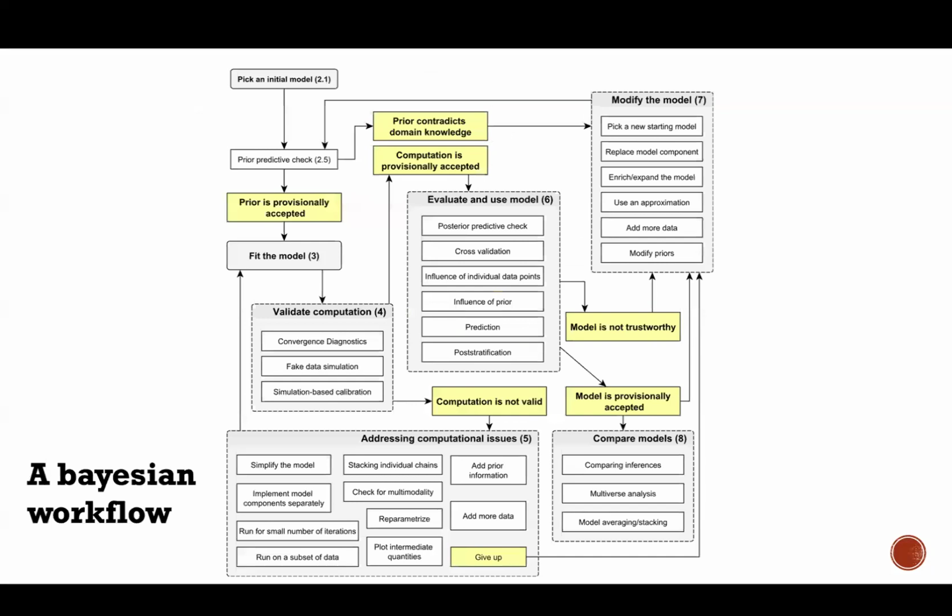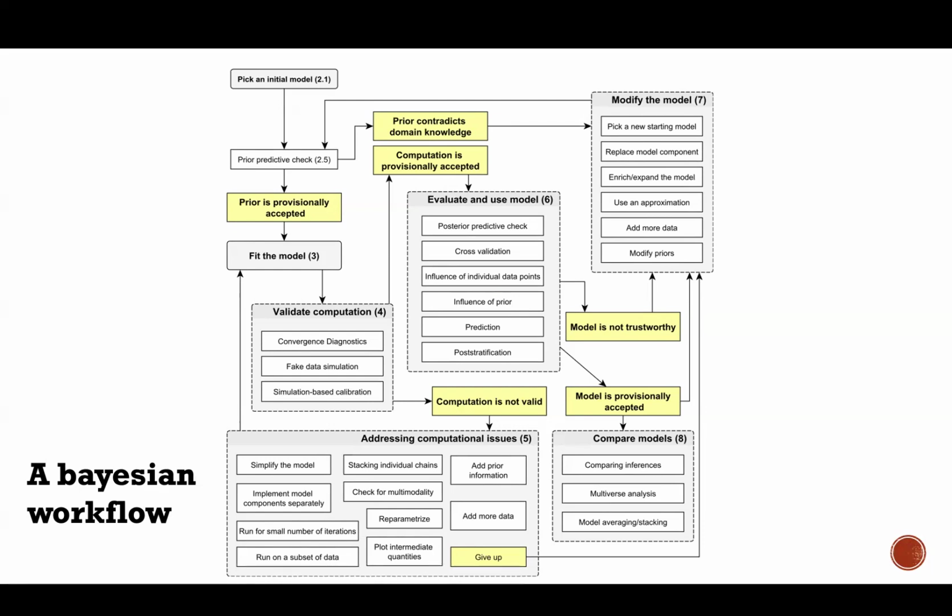Another kind of workflow is the one in the paper on the Bayesian workflow, which has been a labor of love of a lot of the Stan developers, as you can see from all the many different points. You pick an initial model, you do prior predictive checks. You can see whether the predictions from the priors fit what you know of the domain, the phenomenon you work on, or not.